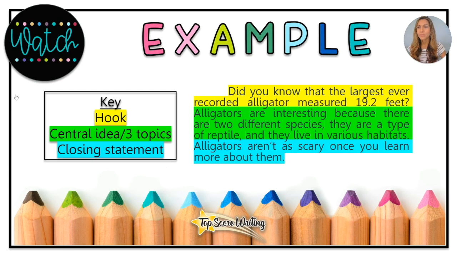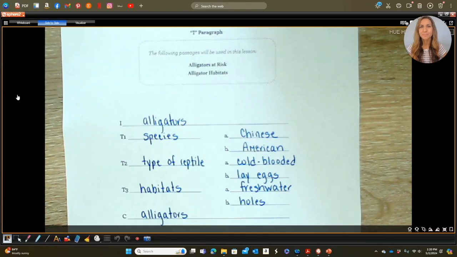All right, boys and girls. Okay, so now we're going to take a look at our previously created plan, and we are going to write the introduction paragraph for this alligator text set and prompt. Now, I'm going to be doing the modeling of the introduction paragraph, which means I'm going to be writing the paragraph for you. But you have a really important job right now.